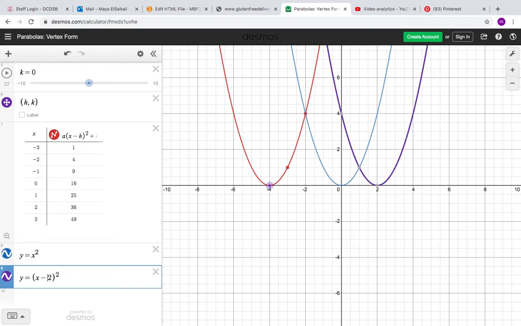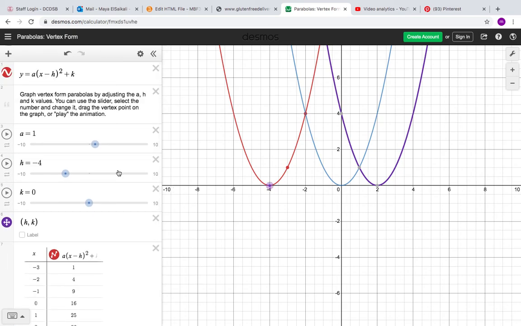If I have x minus 2, it's going to move 2 units to the right. And if it's x plus 2, it's going to move 2 units to the left. We call this horizontal translation, moving left and right. Horizontal is the horizon, so the x value, and that's going to affect the x value of the vertex.